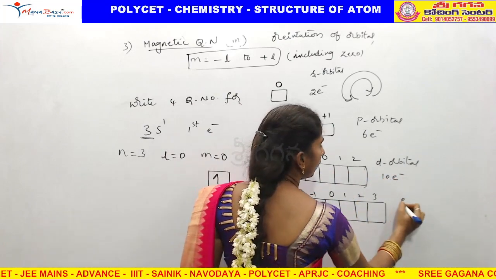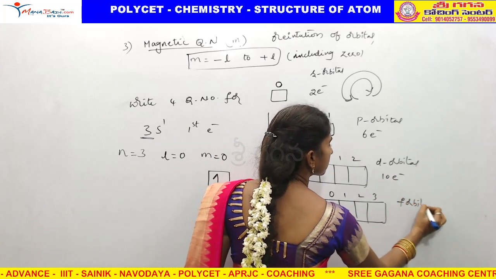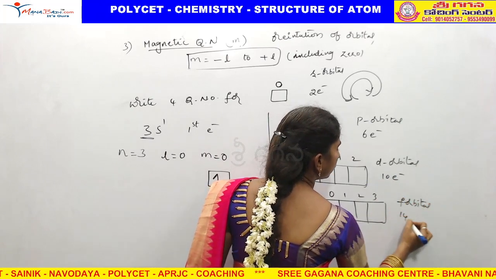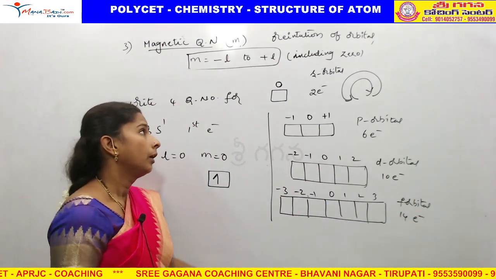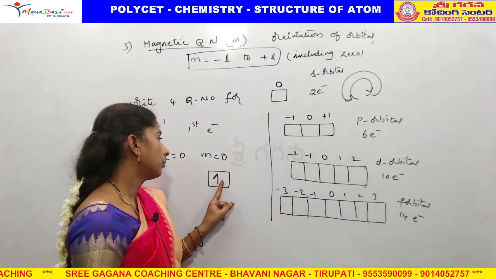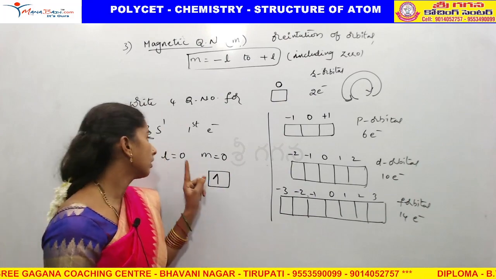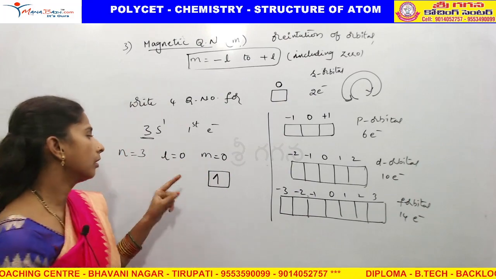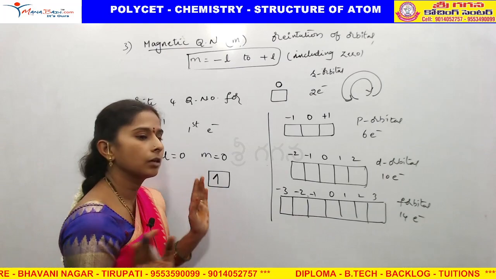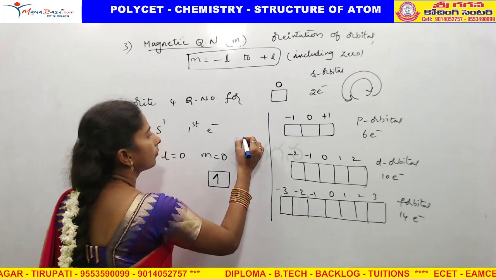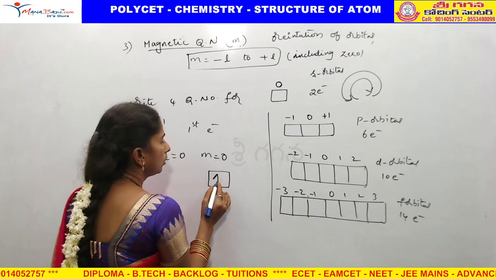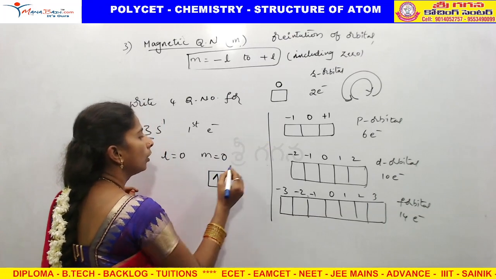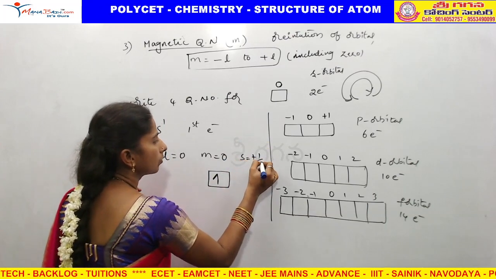F orbital, 14 electrons. Now, s orbital can accommodate 2 electrons, but they gave only 1 electron. The first electron is always clockwise, so after filling in clockwise, you write it like this. So it is an up arrow, the s value is plus half.